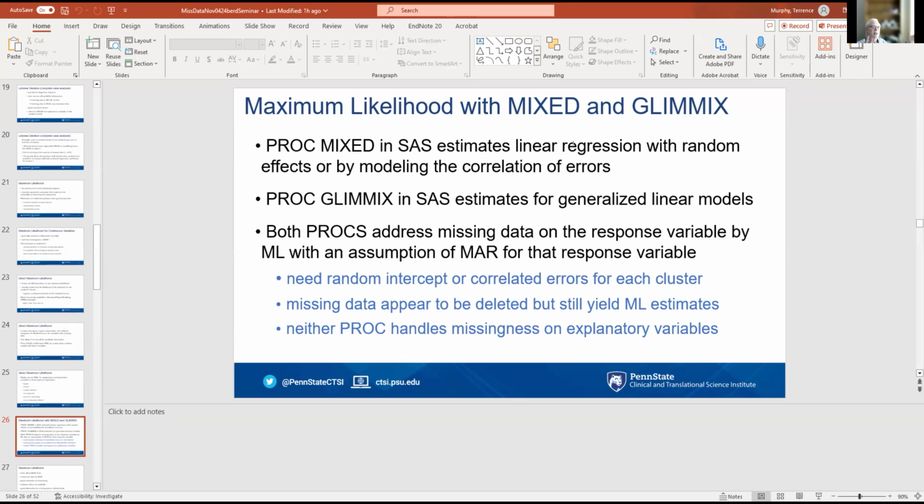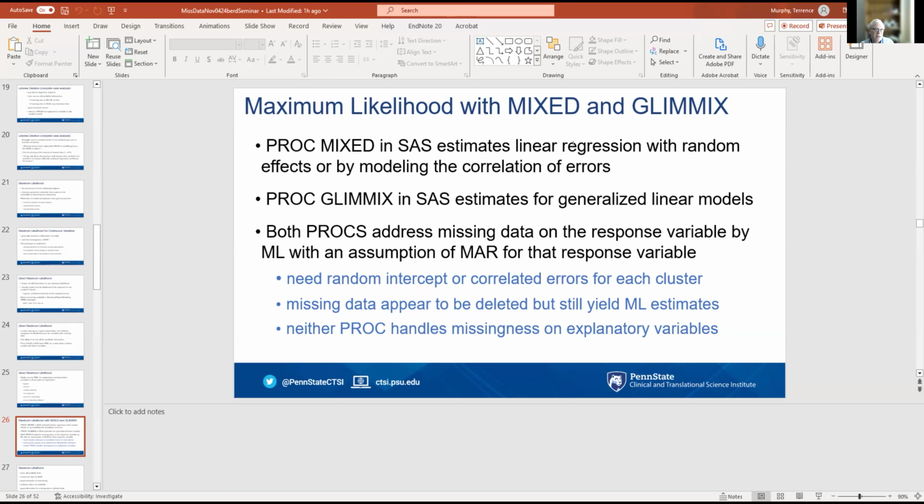Proc glimmix expands that to this wider class of models called generalized linear models. The major functions in SAS are called procs, which is short for procedure. So this is kind of a great shortcut. You do have to have either random intercepts or correlated errors in your model.